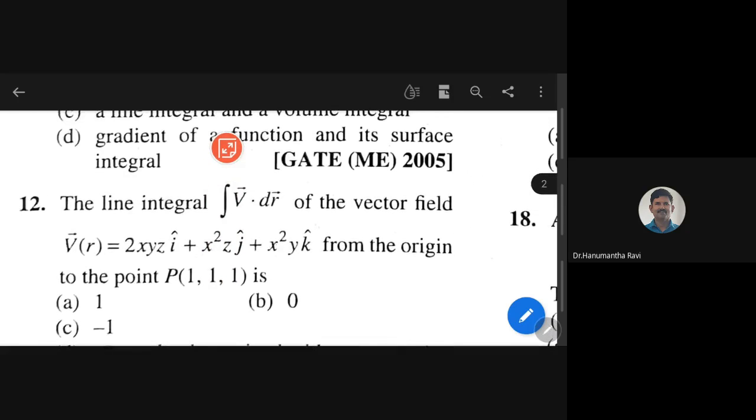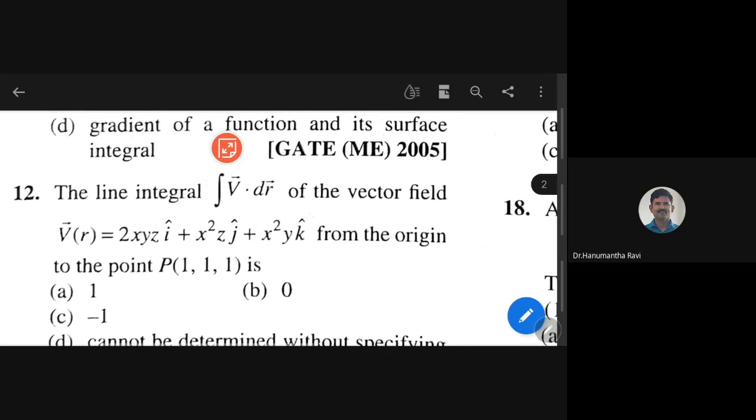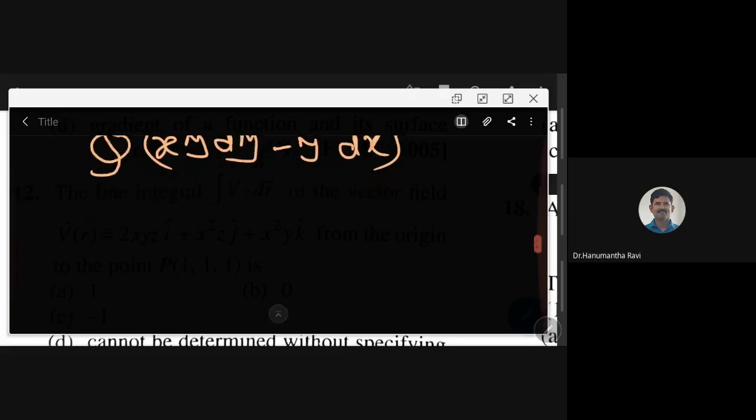The line integral of v bar dot dr bar of the vector field from the origin to the point P1 is, okay, this we will do. Line integral v bar dot dr bar, we are talking about. So this line means a curve, and this needs to be found.